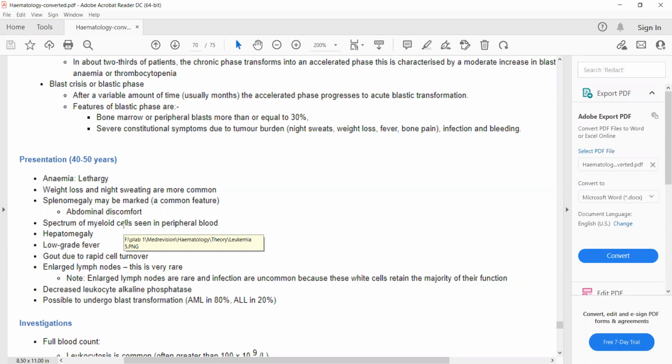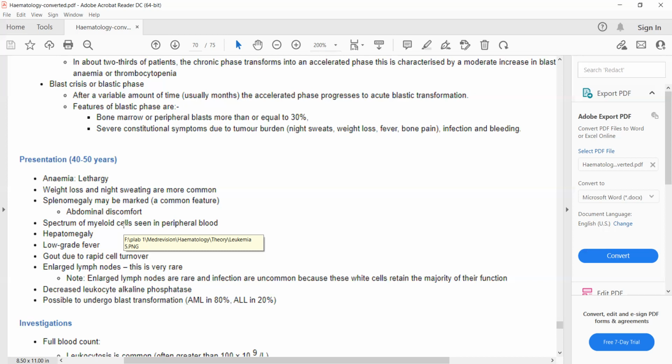So if an older patient, above 40 or above 50, presents to you with a high white cell count, usually more than 100, and a peripheral blood film shows all stages of maturation of neutrophils or myeloid cells, then it will be CML.